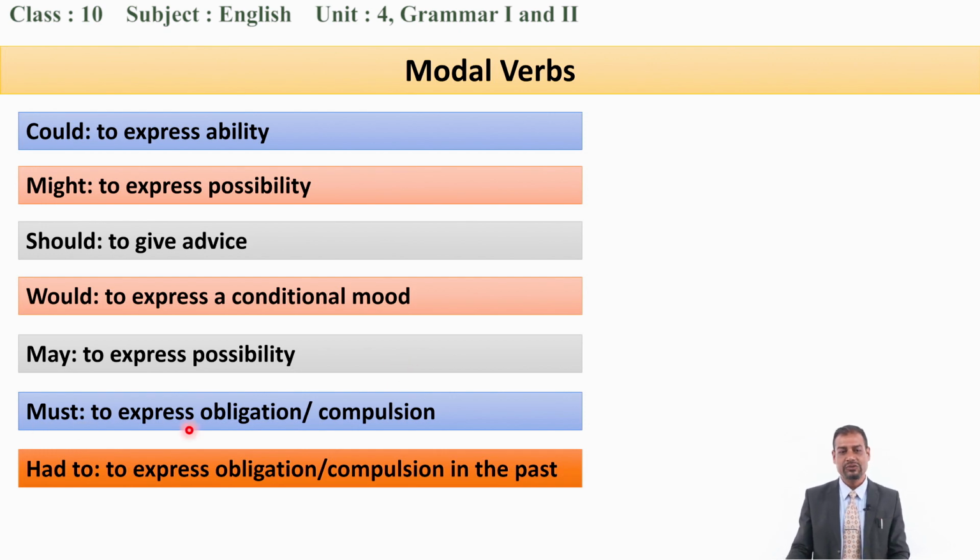Likewise, must to express obligation, compulsion, which we have to do. There is not any option not to do it. Okay, next one, had to, and this also shows compulsion, and we use this modal verb had to for past time. And in the story it is given, the heron had to be content with a tiny snail. It means that there is not any option for him for having breakfast. Is it clear to you?